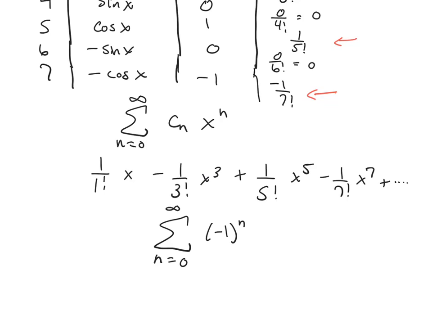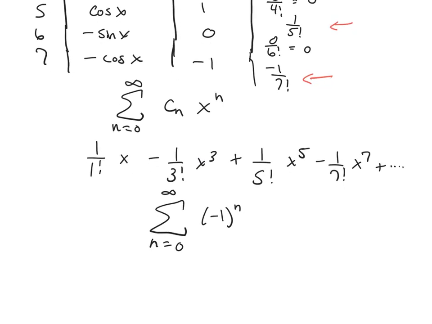So I've taken care of the fact that the signs are flipping. But now look at our powers. 1, 3, 5, 7. Those are all odd numbers. I'm getting no even numbers. So my powers are going to look like, I want it to be an odd number. So to get an odd number, we're going to have to write x to the 2n plus 1.